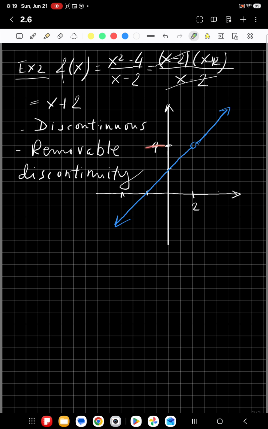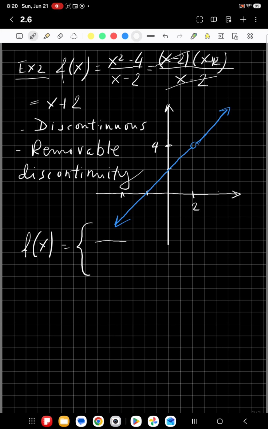If I'm approaching that 2 from the left, my values of the function are also approaching 4. So in that case, we can actually remove the discontinuity by redefining the function slightly. Yeah, it's going to be a different function, but it's just a slight difference.